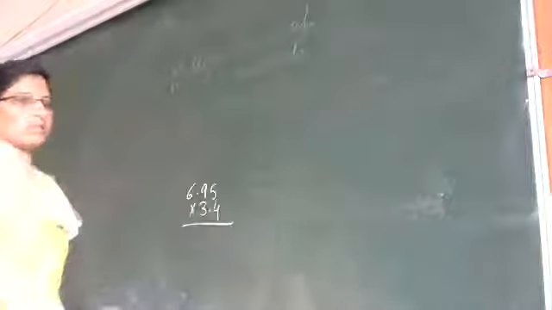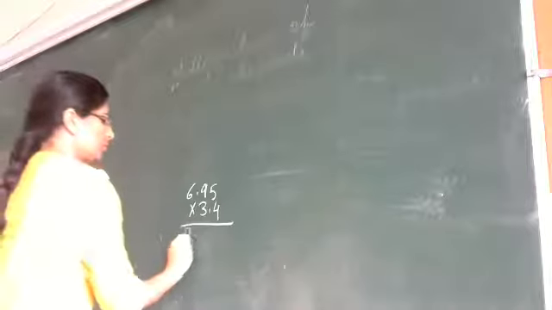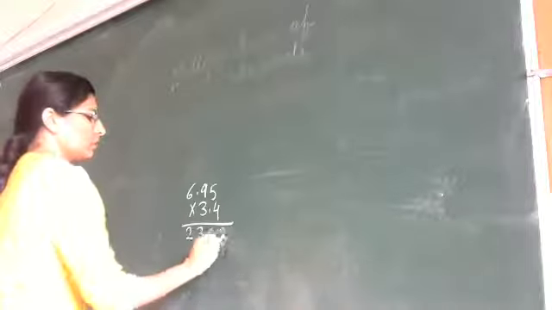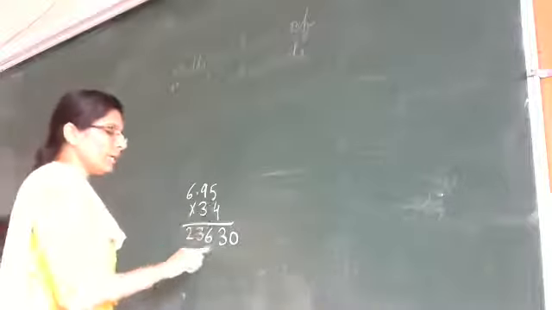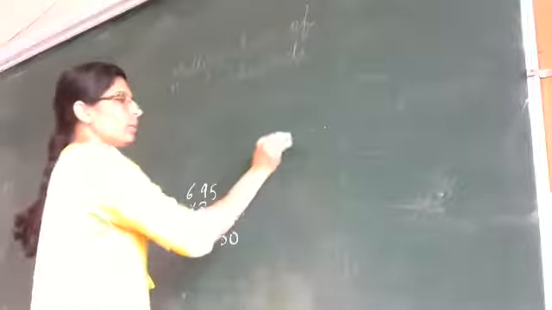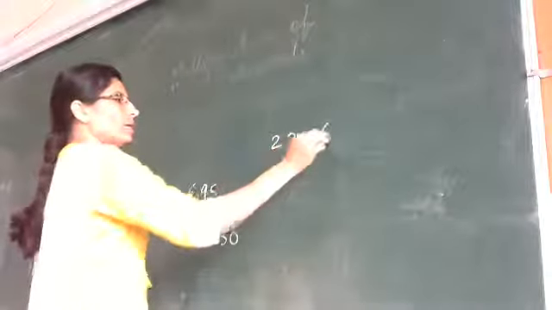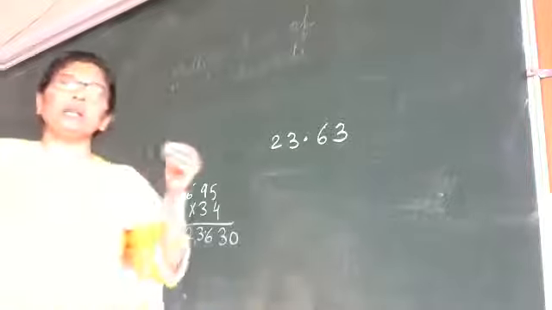23.63. We got the answer 23630, with 3 decimal places. So we are getting 23.630 or 23.63.